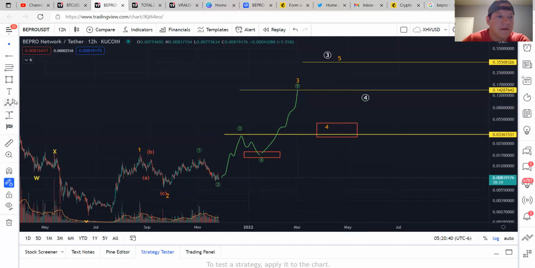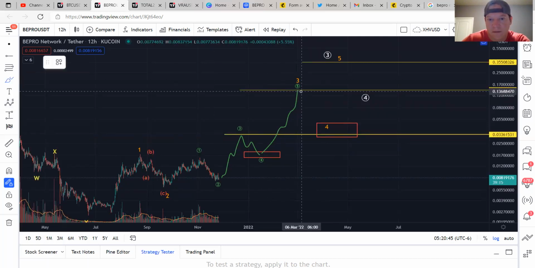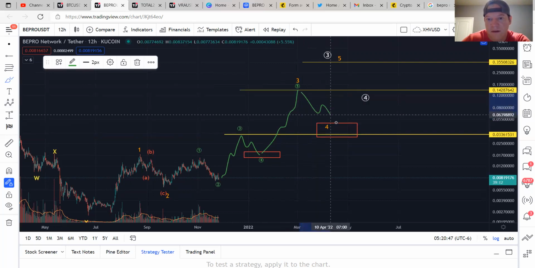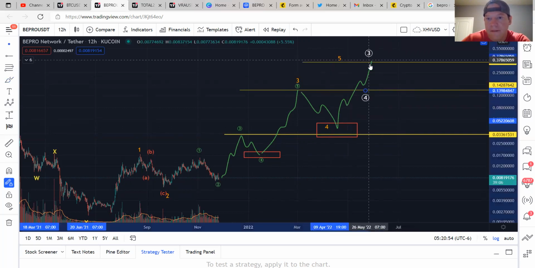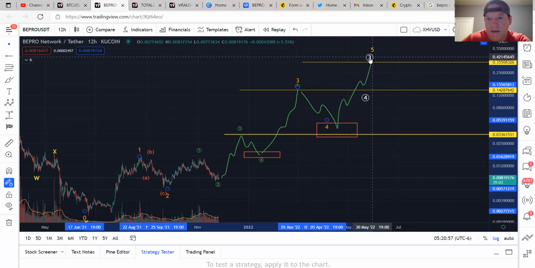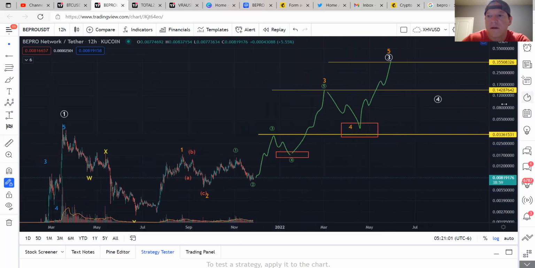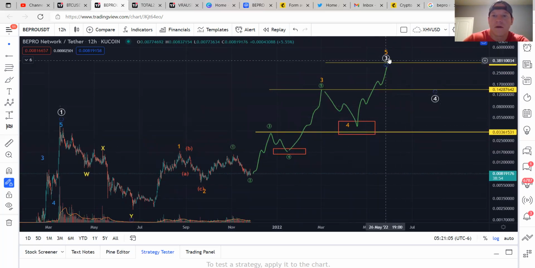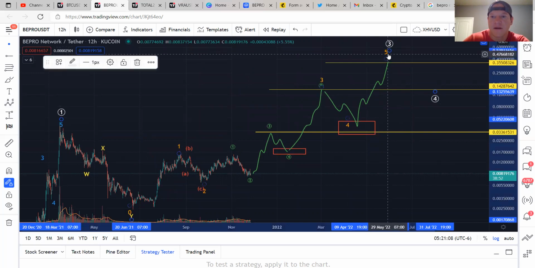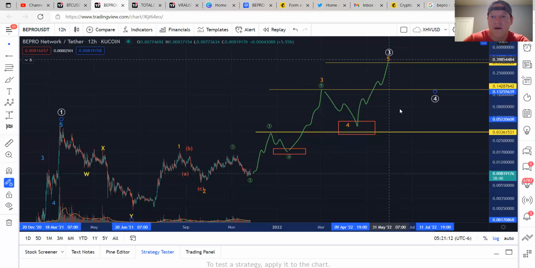So price action will look something like this. Top here, and then we'll have our 4 correction there. So this is your macro 3. That should actually be on top there because this 5 is creating the top of your 3.